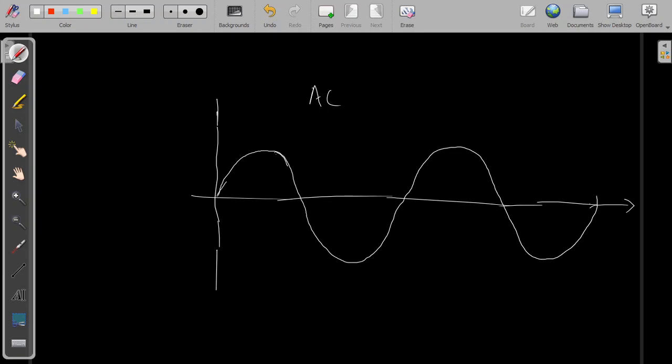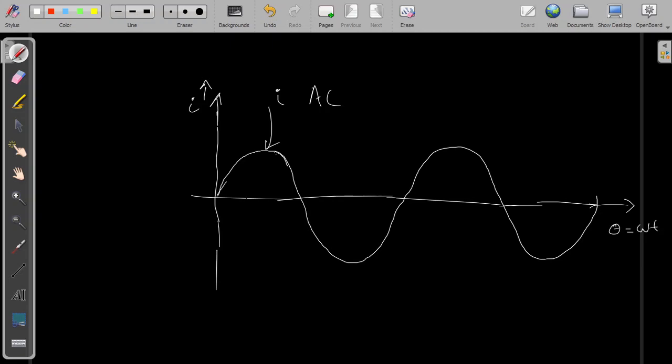Pure sinusoidal, actually. I am notating it as small letter i, the instantaneous value of current, on my y-axis, and on the x-axis I'm taking theta, which is equal to omega t.